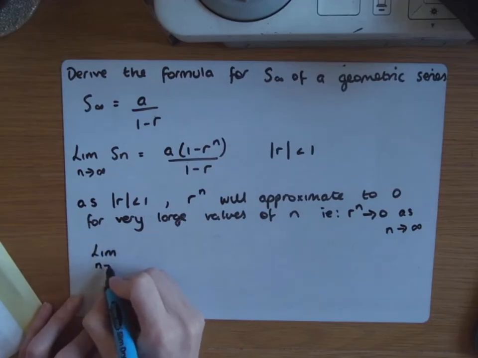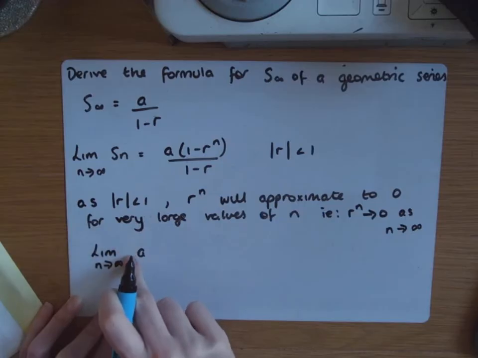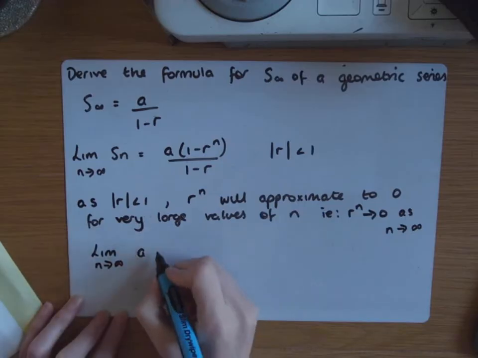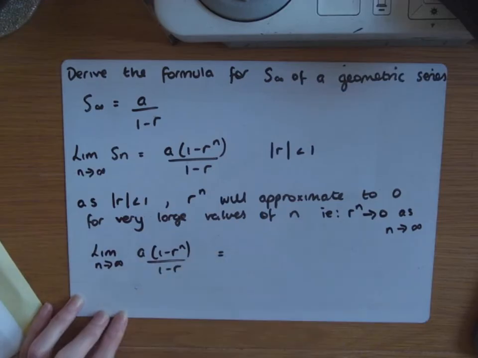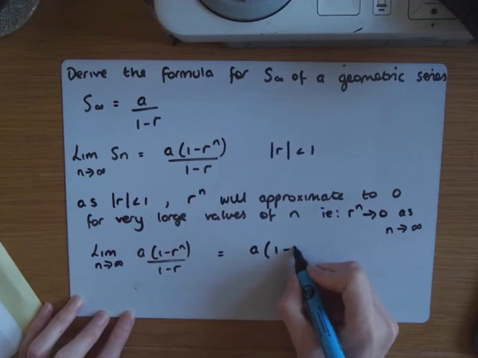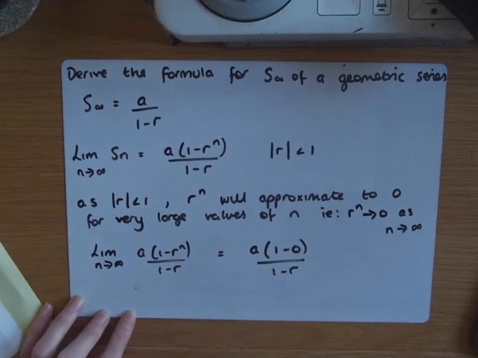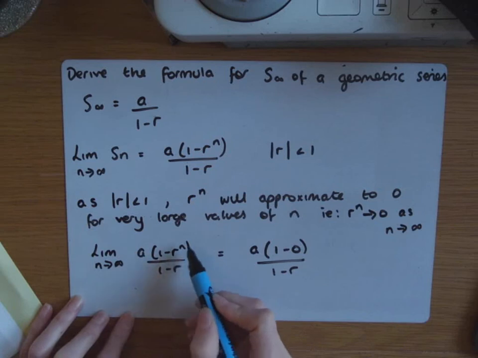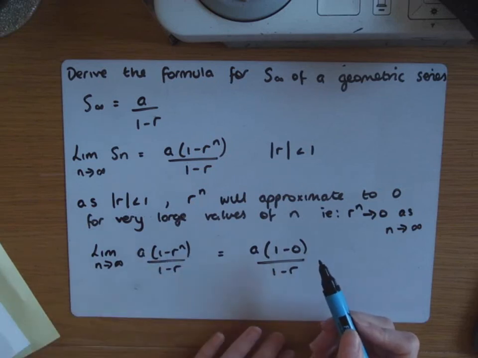the limit as n goes to infinity of this is a times 1 minus 0 over 1 minus r, because your r to the power of n has approximated to 0 when you get the limit as n goes to infinity.